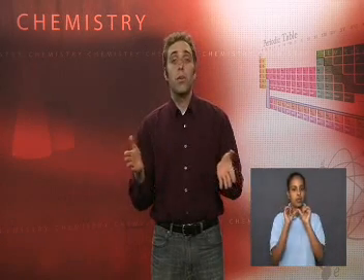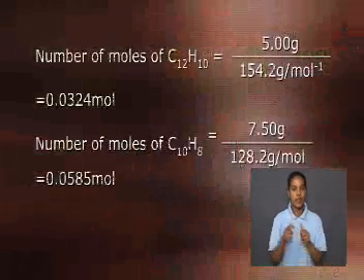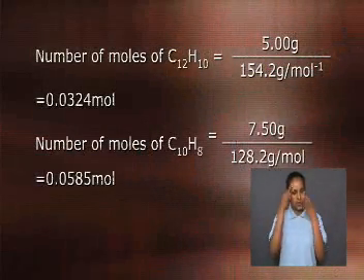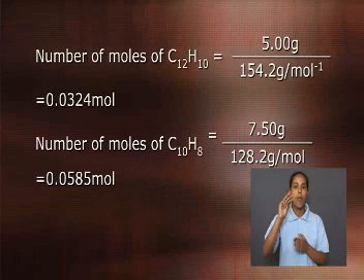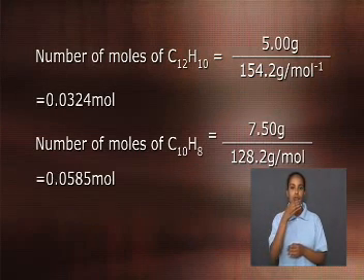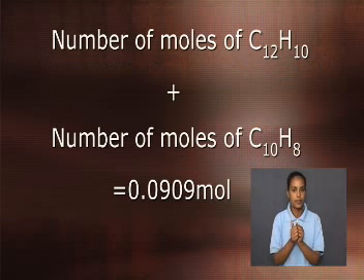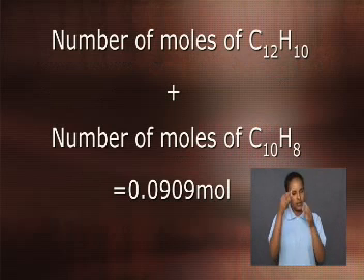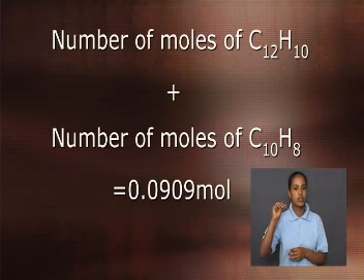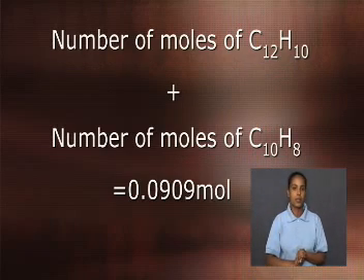Hello again, students. Did you find this question to be difficult? Let us go through it together. First, you have to determine the number of moles in each solute and then add them together. Then you can determine the molality of the solution.